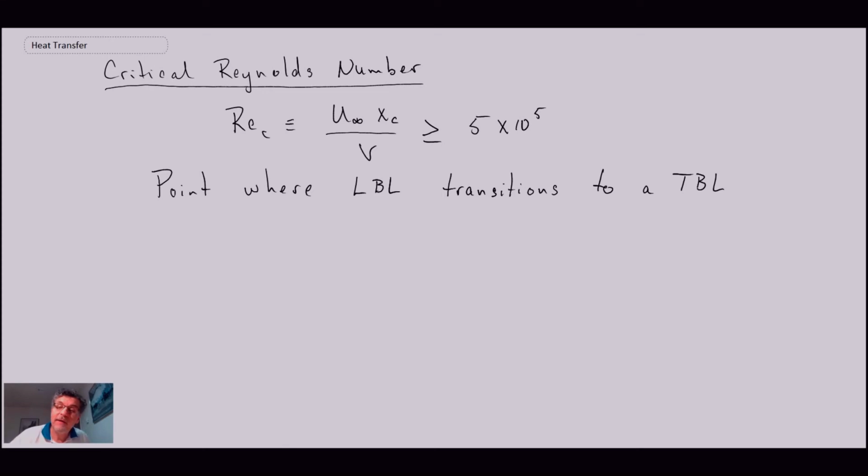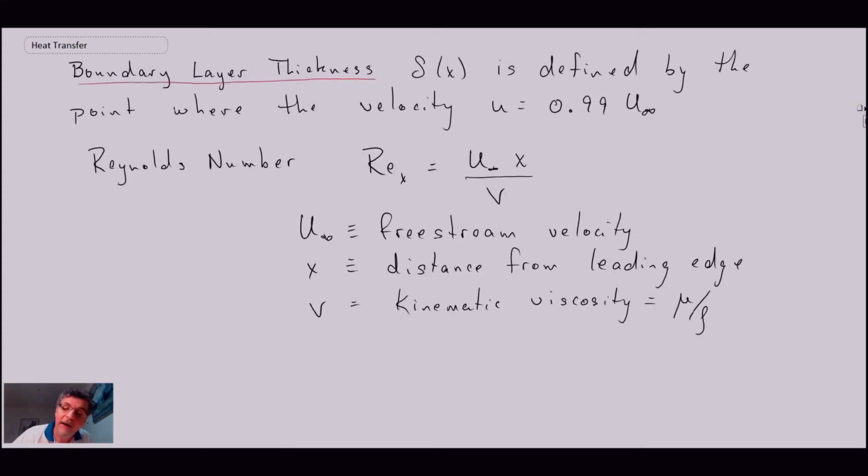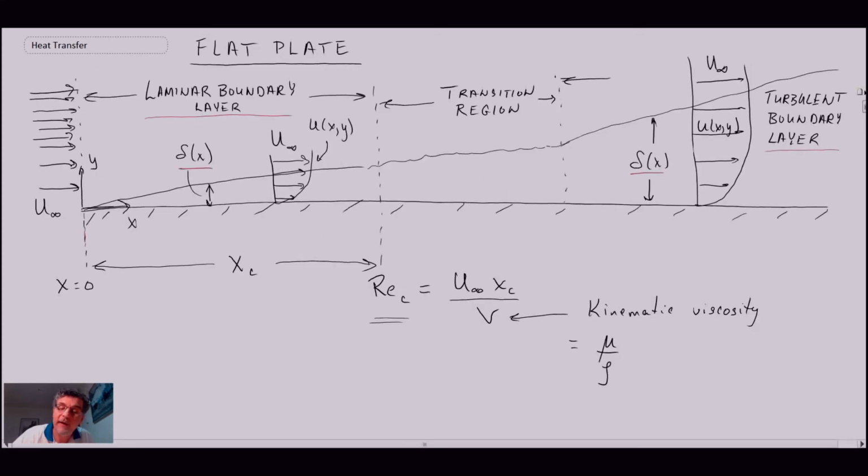So that is the boundary layer flow, and that is a flow that we will be studying in this lecture and in the next lecture. It forms the basis for a lot of the heat transfer relationships that we'll be coming up with.